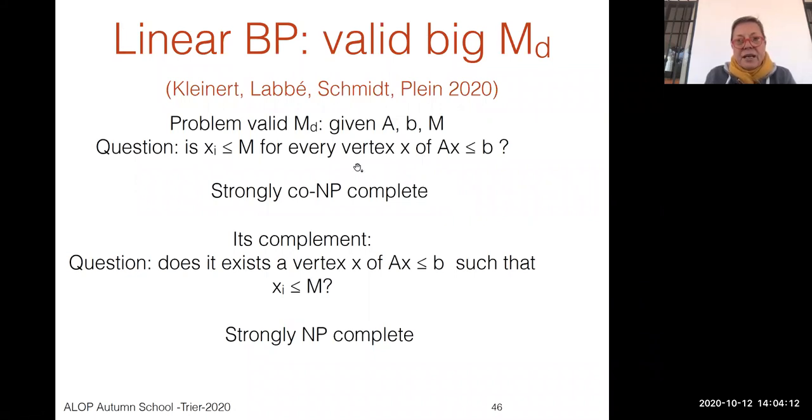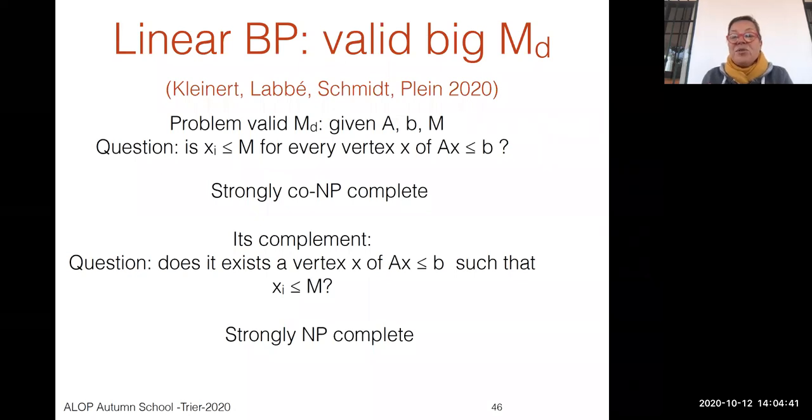A yes answer to this question is a nasty one, because if the answer is yes, it means every vertex has an ith coordinate smaller than M. And to have a certificate of this is difficult.